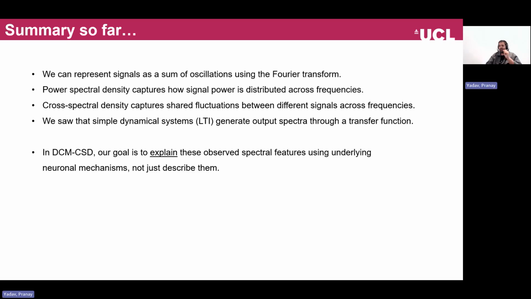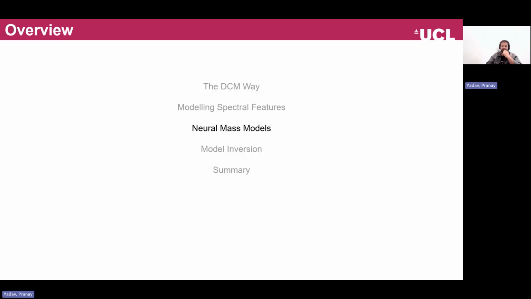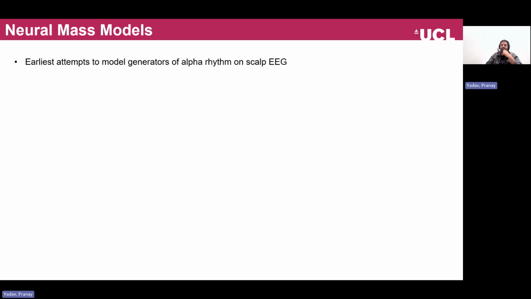In DCM for CSD, our goal is to go beyond just describing the spectra and to explain these observed spectral features using underlying neuronal mechanisms. So in order to do that, we need a model of how neural activity generates spectra, which brings us to neural mass models. These sorts of models have had a long, rich history, and the earliest attempts were to model generators of the alpha rhythm on scalp EEG.